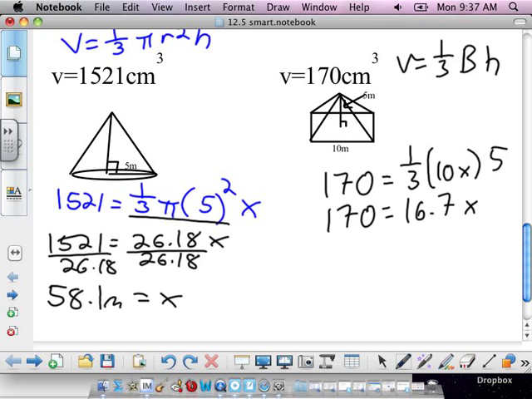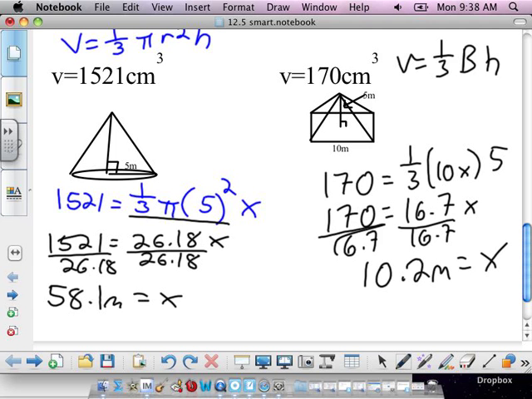Okay, now I want to get x by itself. How am I going to do that? Divide. What do I get, guys? We did 170 divided by 16.7, and you got 10.2, rounded up. 10.2 meters equals x.